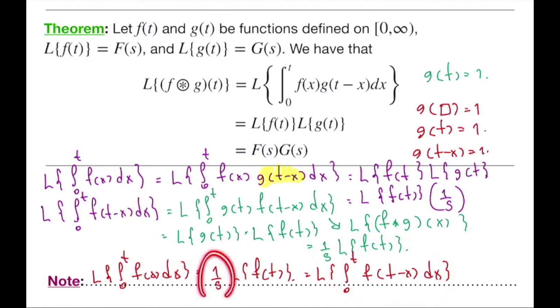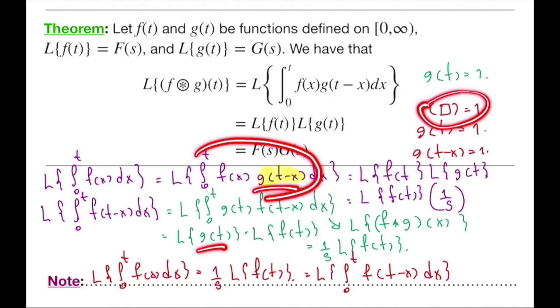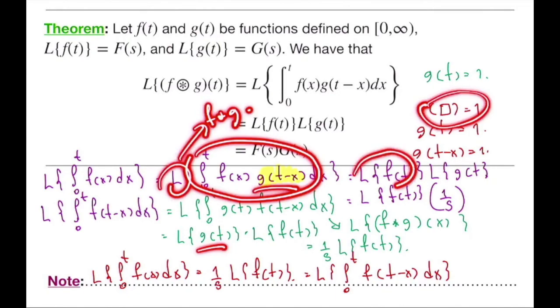Basically, that is 1 over s times the Laplace transform of f. That can be done by letting g be 1, and this is actually the convolution of f and g. So if it's the Laplace transform of the convolution, you can split the Laplace transform.